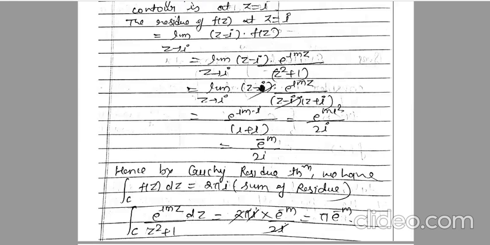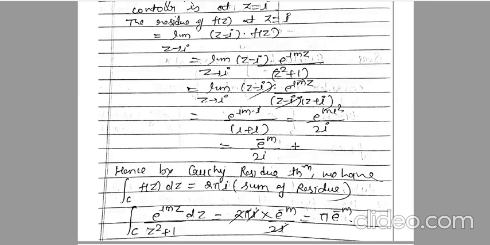The (z minus i) bracket will be cancelled out, and you will get e to the power i mz upon z plus i. Just apply the limit here. So e to the power i m into i upon i plus i. e to the power m i square means minus 1 value. So e to the power minus m upon 2i. So this is your residue.